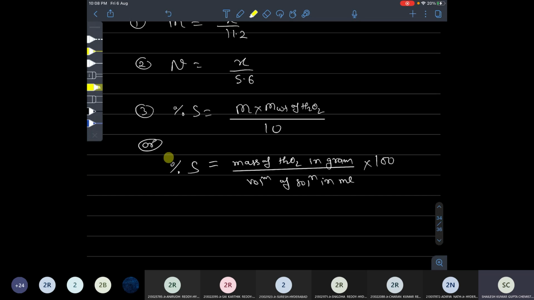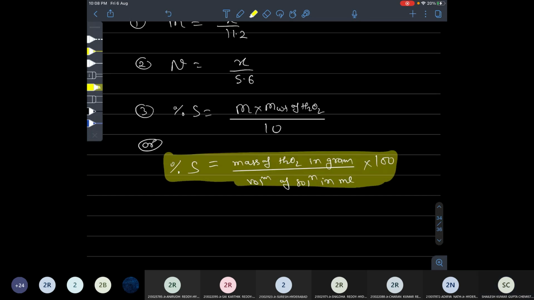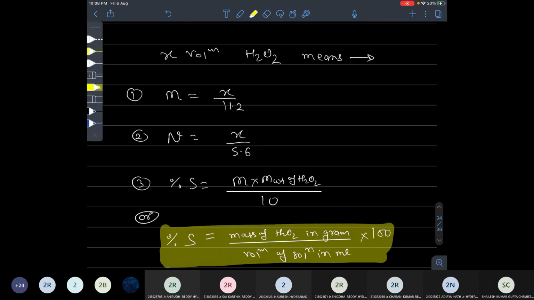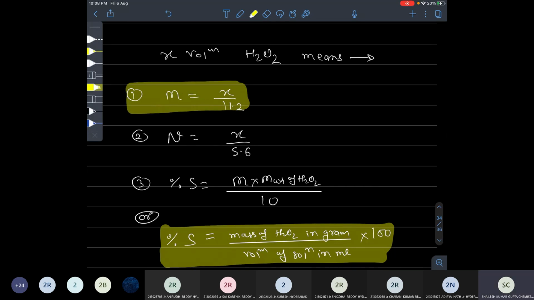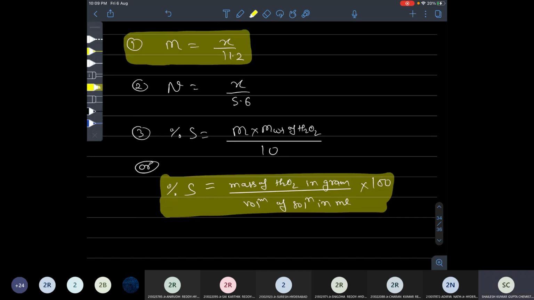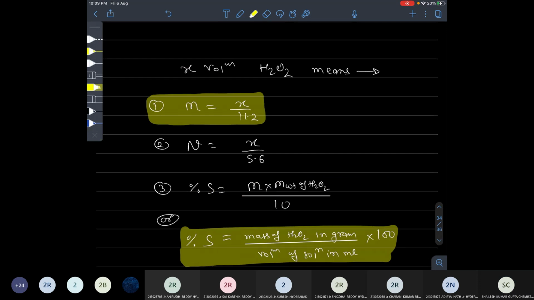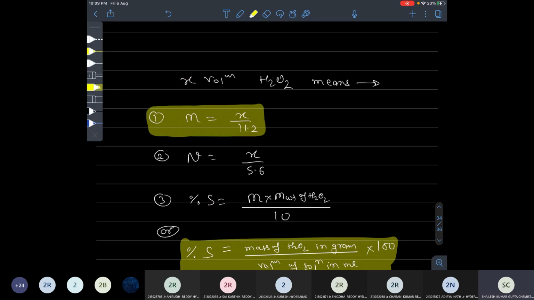It is up to you how you are going to perceive it. I just personally go for this formula and the rest I used to derive. Because these small things I can't do in the exam, how will I expect big things in the exam? Right. So X volume H2O2, for now, you take it like this.